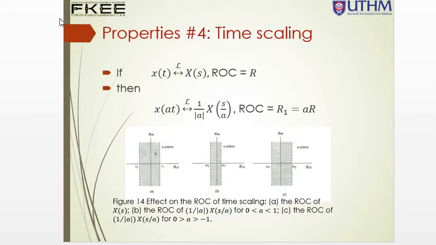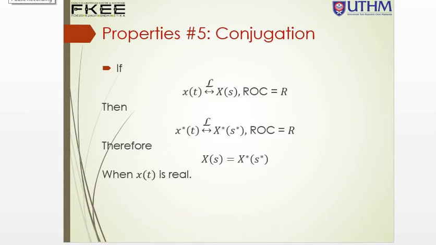Property number 4 is time scaling. This refers to the scaling a t here. So x(at) is equal to 1 over modulus a times X(s over a). This is the formula, and it's quite similar to the Fourier transform. The next property is the conjugate.